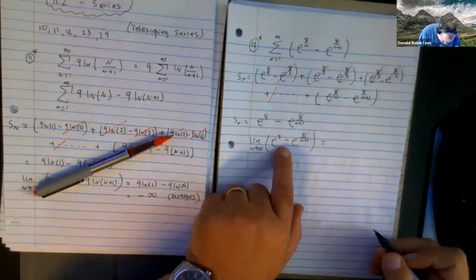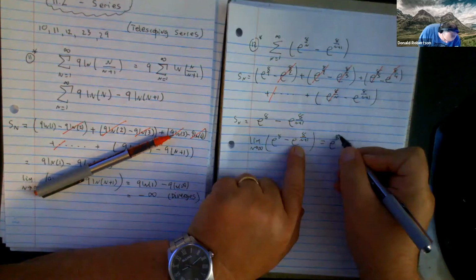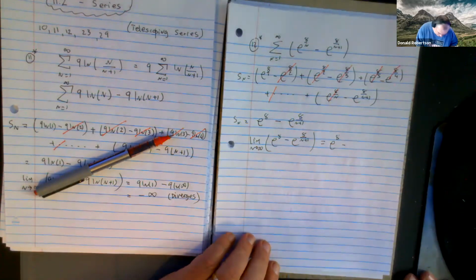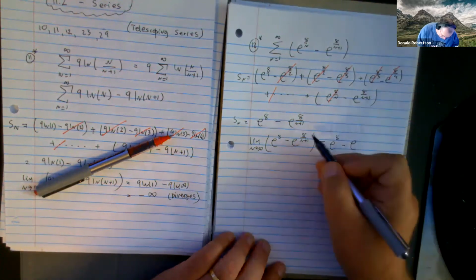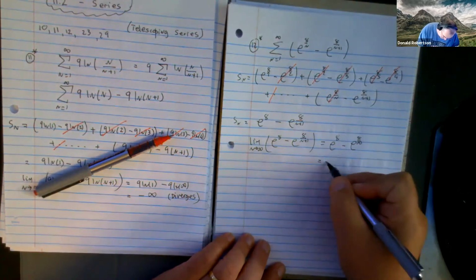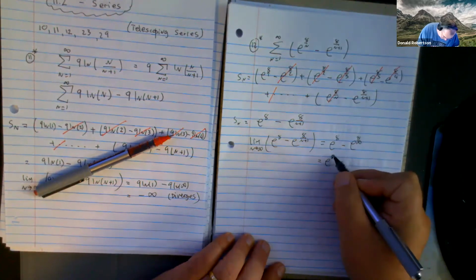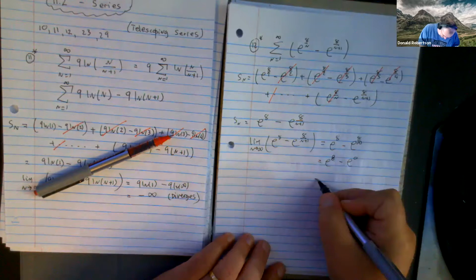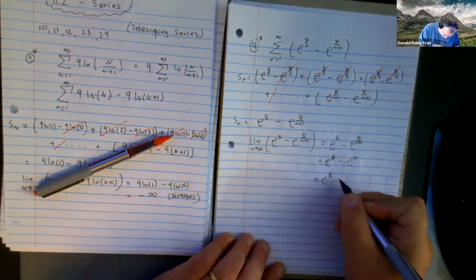In this question here, would you agree that it's just brute force? I don't need anything too clever. 8 over infinity is the same thing, whoops, that's an 8, as 0. And e to the 0 is 1.